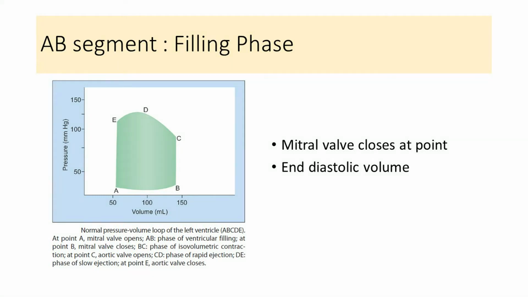So the filling of the ventricles between point A and point B, in the AB segment, is about 70 ml of blood entering the ventricle. At point B, the mitral valve closes, which produces the first heart sound, and it is followed by isovolumetric contraction.